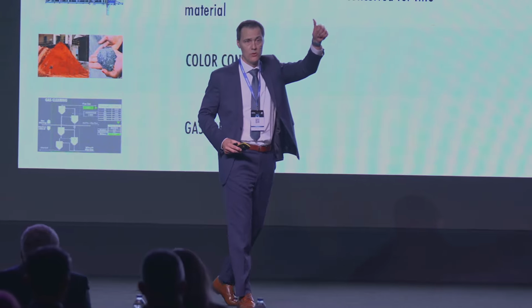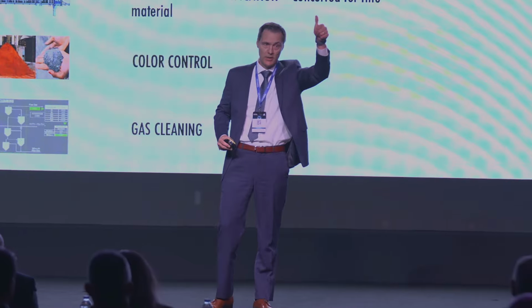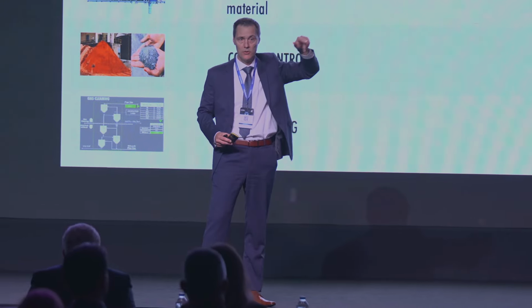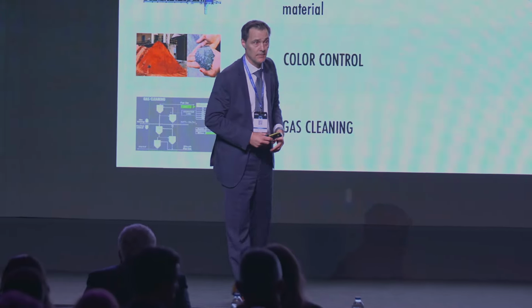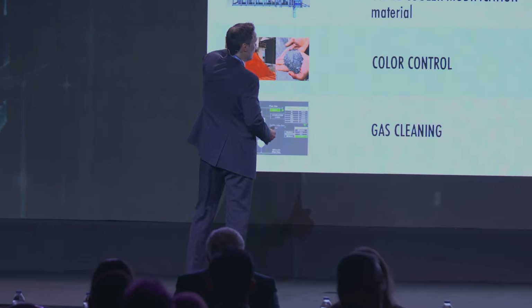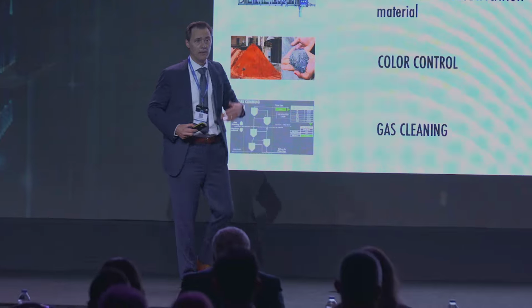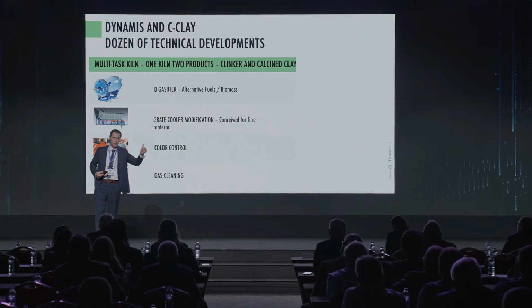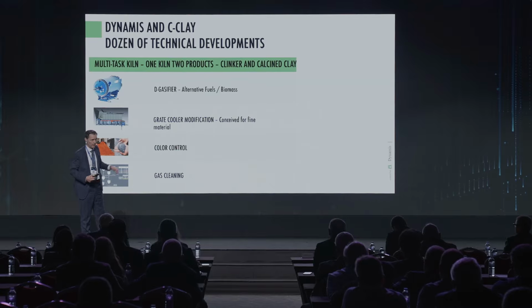One kiln, two products: clinker during part of the time, calcined clay during another part of the time. So all the solutions that I presented before are already thought to operate with both clinker and calcined clay, right?